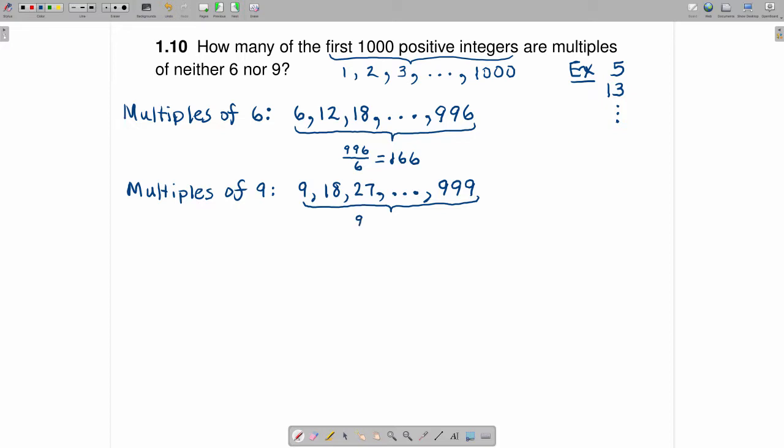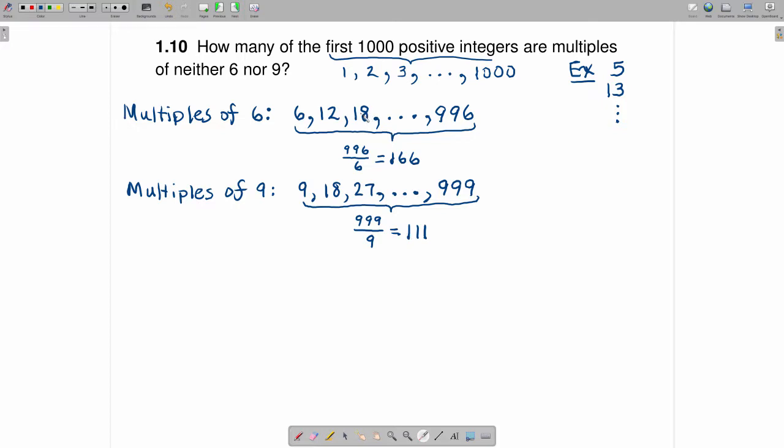We simply take 999, which is the last one in the list, divide that by 9, and there are 111 multiples of 9 in the first 1,000 positive integers. Now, it seems like we have the problem solved here. All we have to do is take 1,000 and subtract out 166 and subtract out 111, and those are the ones that are not multiples of 6 and 9, but there's a wrinkle.